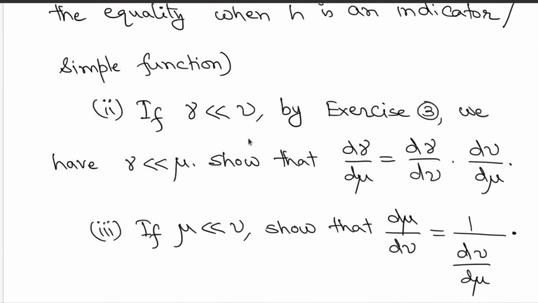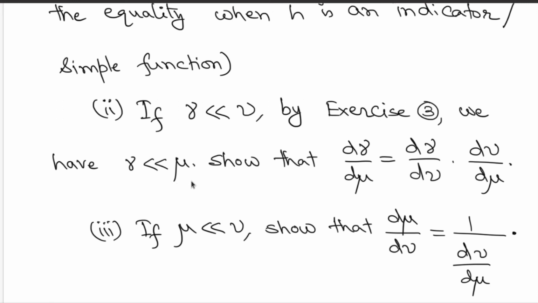Now we have taken this third measure gamma, which we have not used so far. So what is the use of this? If it so happens that gamma is absolutely continuous with respect to the second measure nu, then gamma is also absolutely continuous with respect to mu. Great.